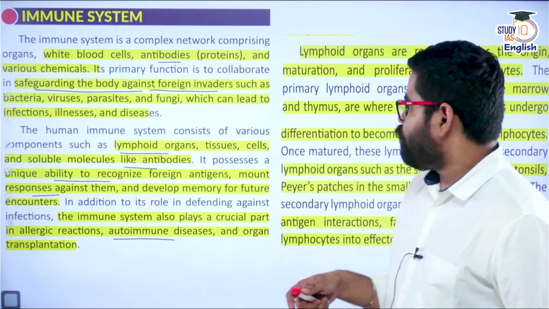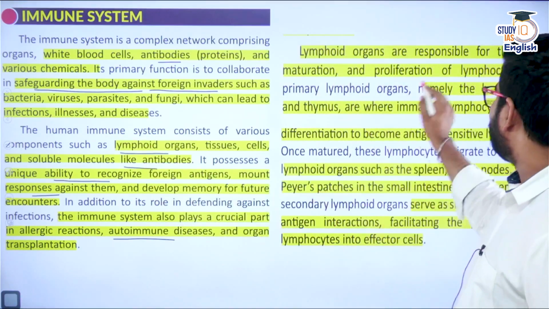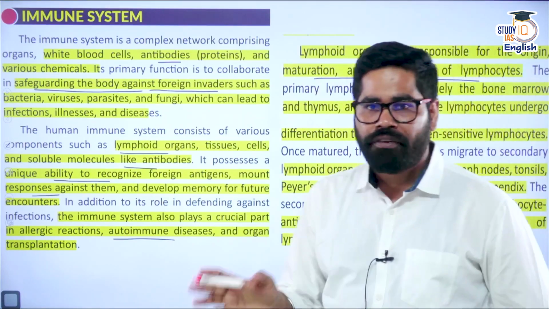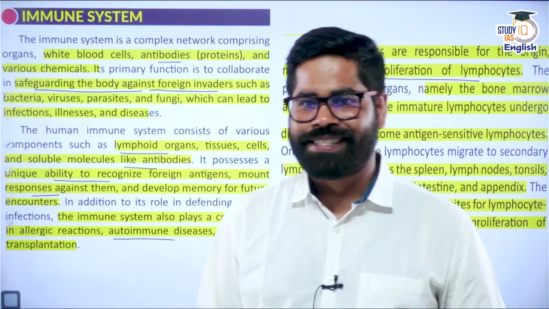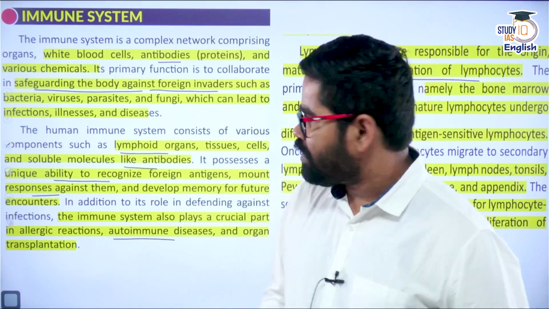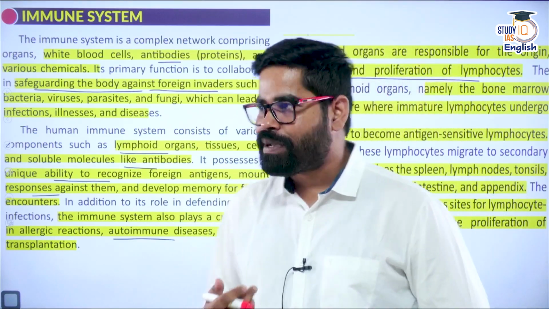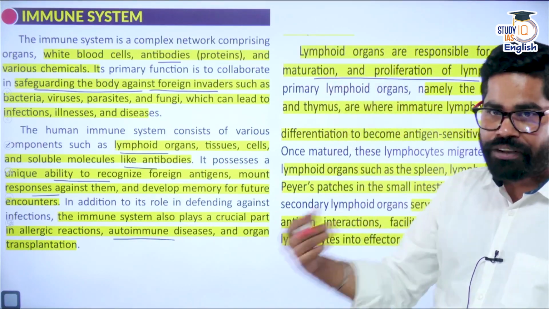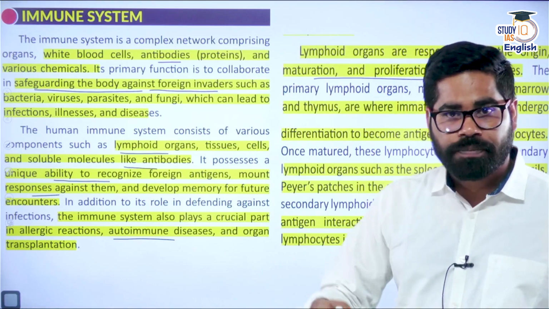Now, here we have talked about certain lymphoid organs. What are they? Basically, they are responsible for the maturation and proliferation of the lymphocytes. I have been telling you about the T lymphocytes and B lymphocytes which are present in the white blood cells. These lymphoid organs, like the bone marrow, are responsible for the origin, maturation and proliferation, meaning development, maturation and spread of them.